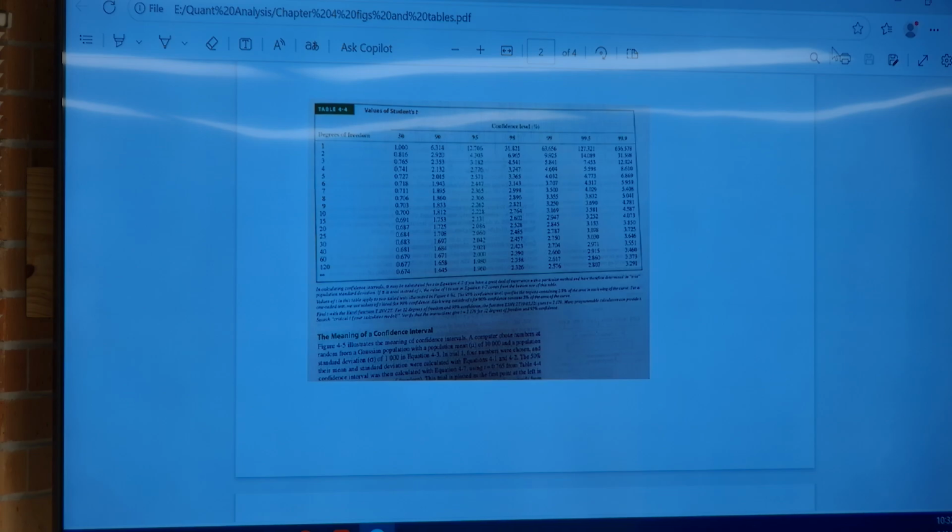So x bar is 3.260 plus or minus 3.182 times 0.041 divided by the square root of 4, equal to 3.260 plus or minus 0.065. So this means this range will be 3.195 to 3.325%.